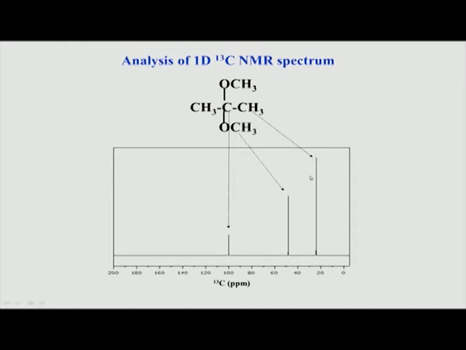One thing we can keep in mind from a practical point of view is, whenever you have a quaternary carbon, a lone carbon, it is always a little lower in intensity compared to the others. And why is this so? The reason is that whenever you do not have any hydrogens attached to a carbon, it has a very long T1 relaxation.